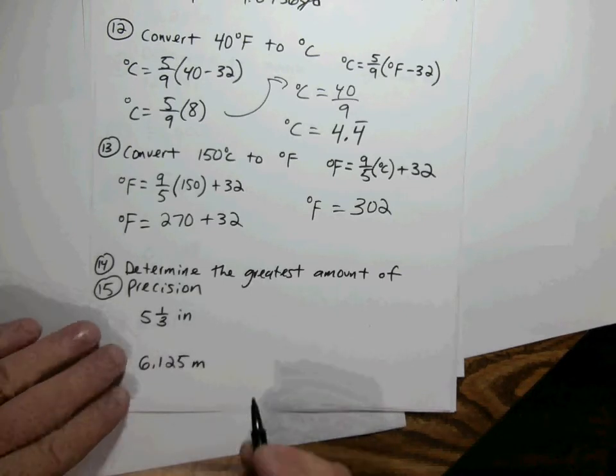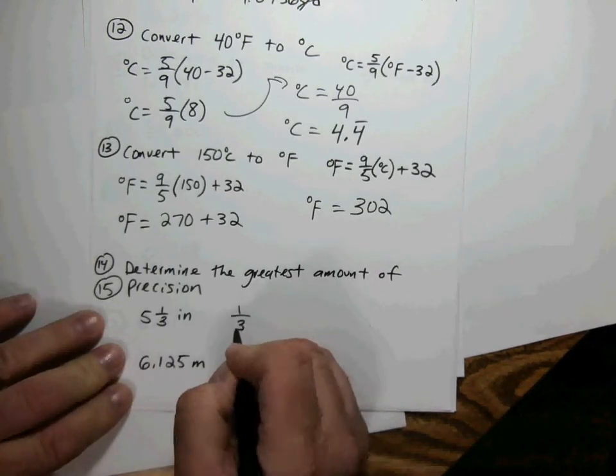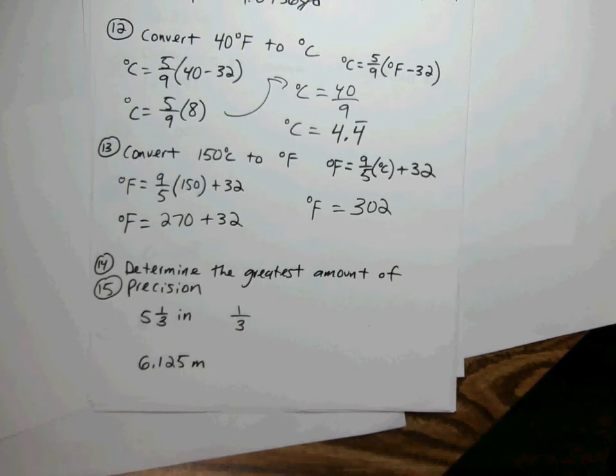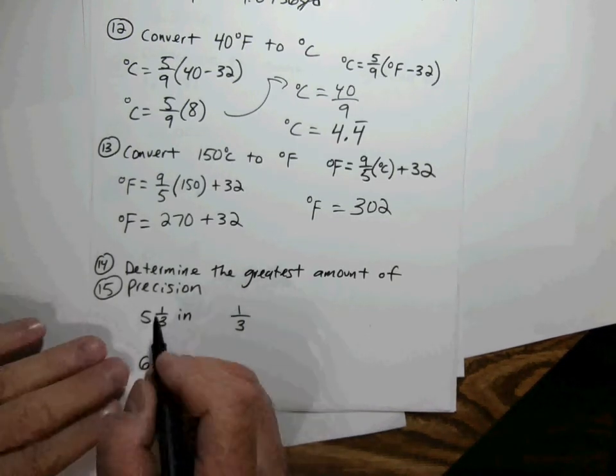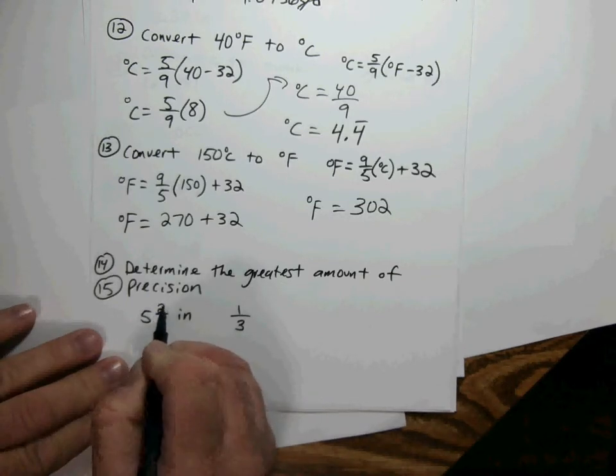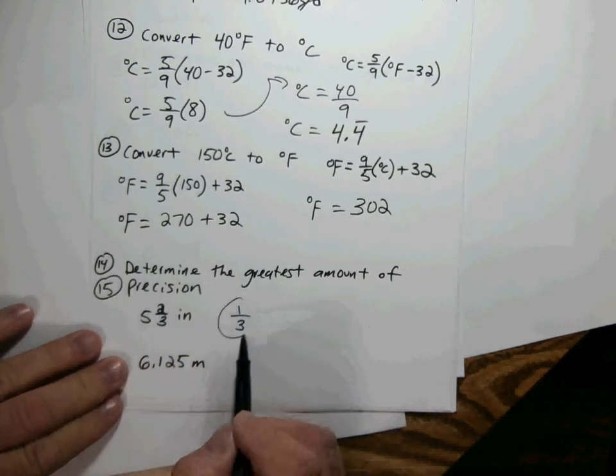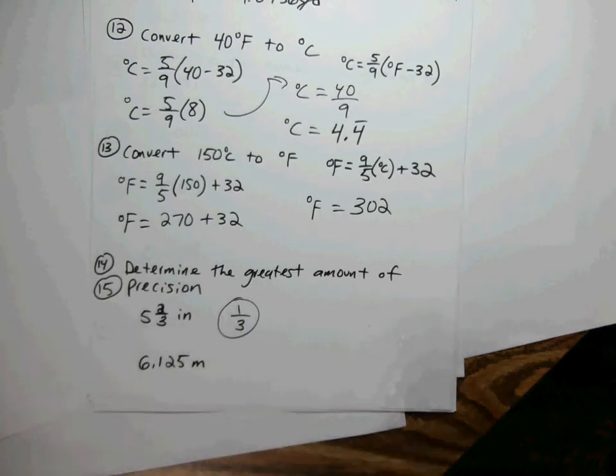So my precision in this case is only 1/3, the smallest increment. Now it was given to us as 5 1/3. It could have been 5 2/3, but my precision would still be just a third. It's the smallest increment, so 1/3 is my smallest level of precision.